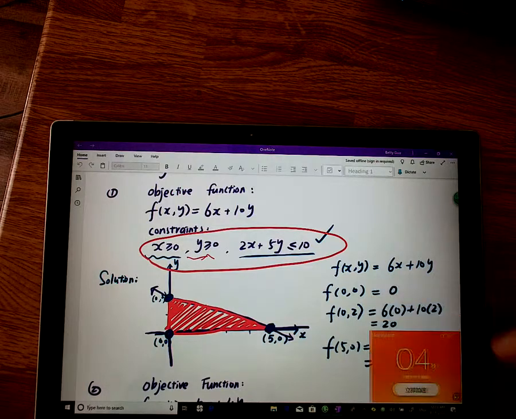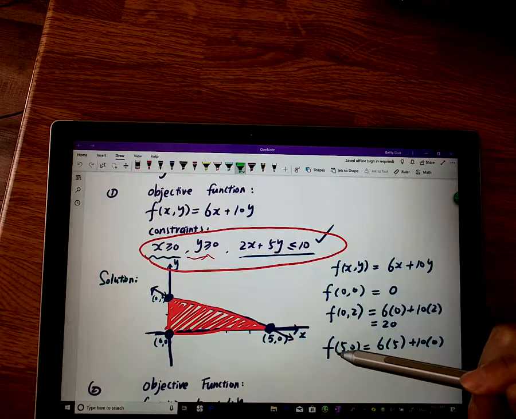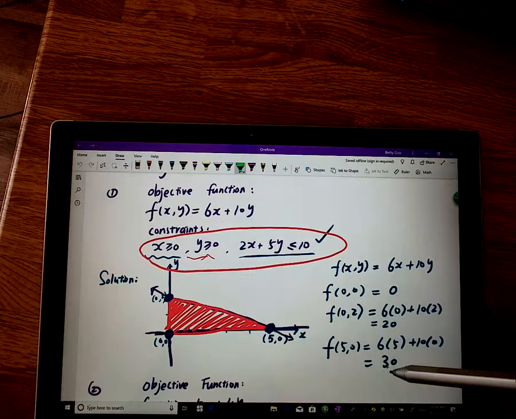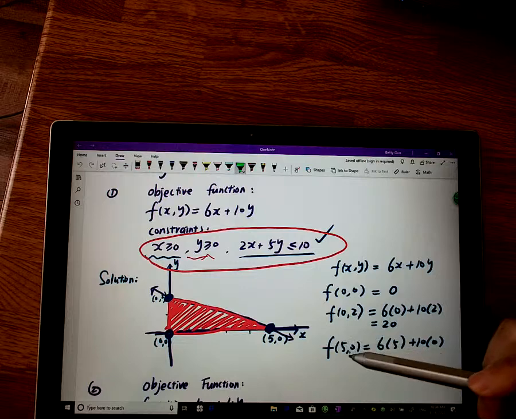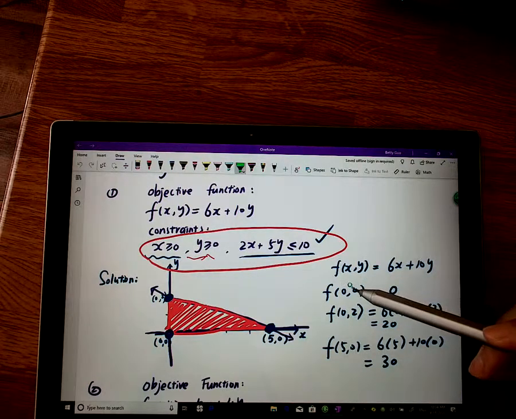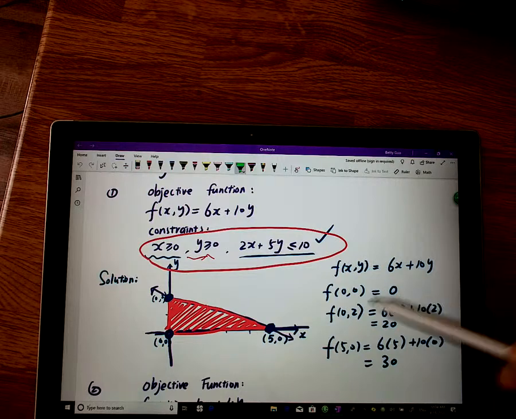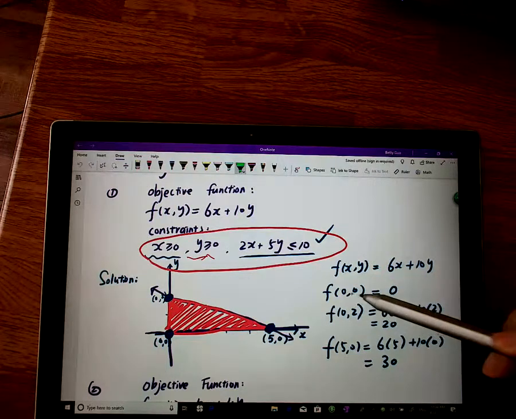They are different. 30 is the maximum value of the objective function, and the function reaches that maximum value at (5, 0). Same thing with the minimum: the minimum value of the function is 0, and the function reaches that minimum at the point (0, 0).